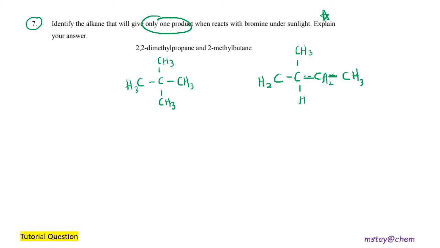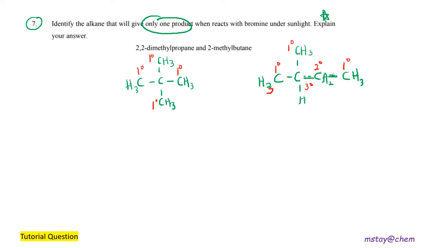Okay, so now here we are going to determine the class of the carbon for the carbon with hydrogen: primary, primary, primary, and primary carbon. Sorry, this one is CH3. So here will be primary carbon, secondary, primary, and also tertiary carbon.